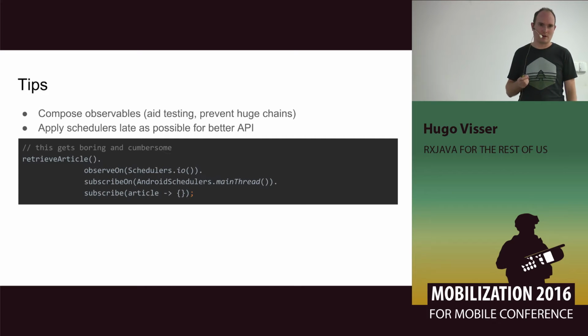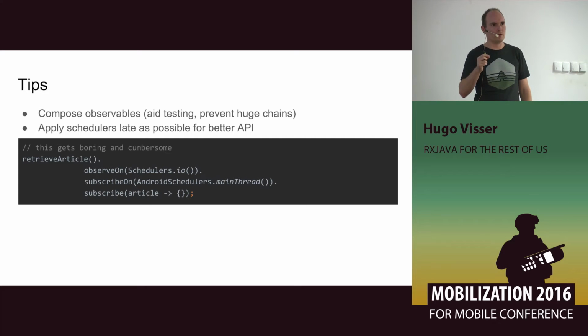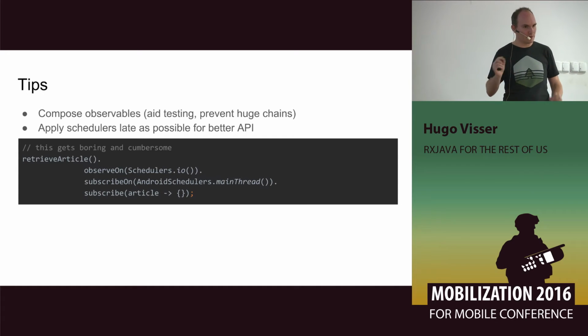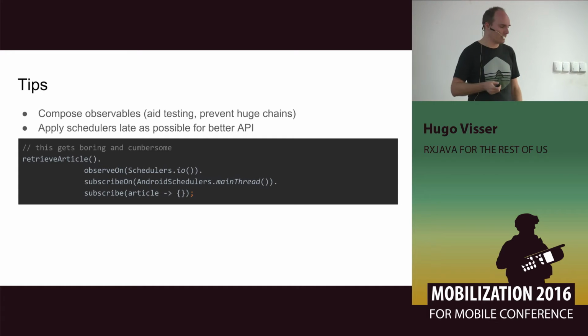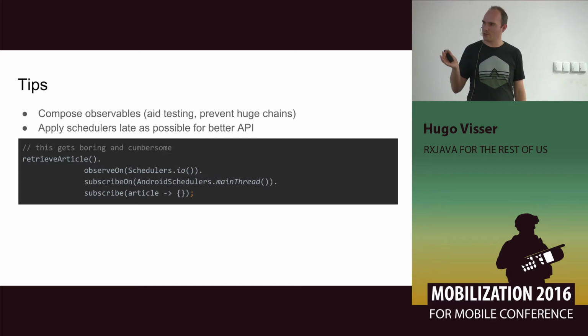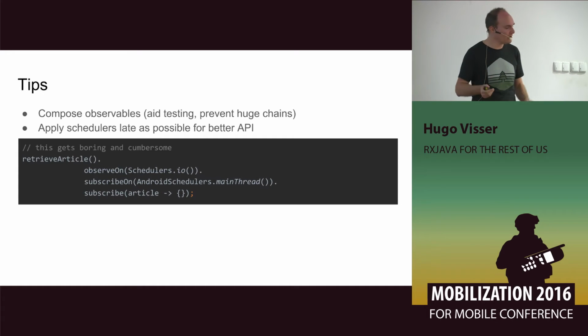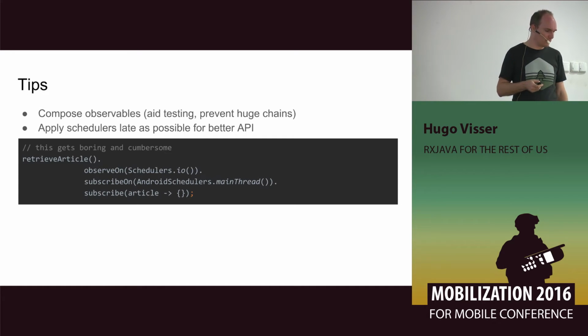And that's probably a nice way to do it, because then you can separately test these observables as well. You don't need to apply schedulers there. The testing gets easier, and it's also way easier to maintain. I've seen some other talks where they just mention that this is a good Java practice, and of course it is, but I just want to call it out as well.